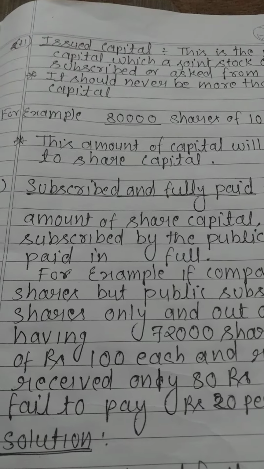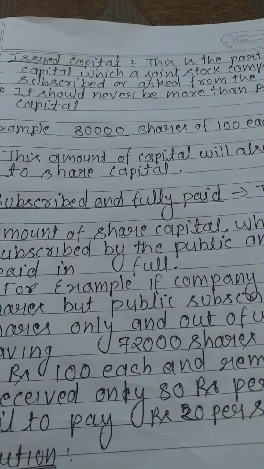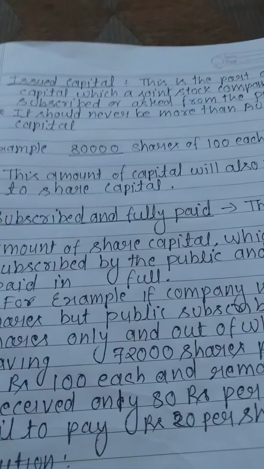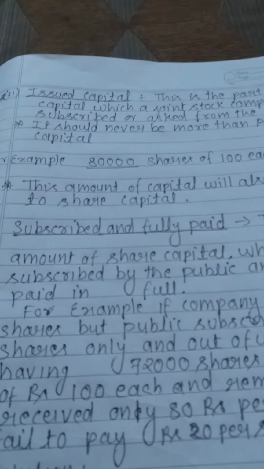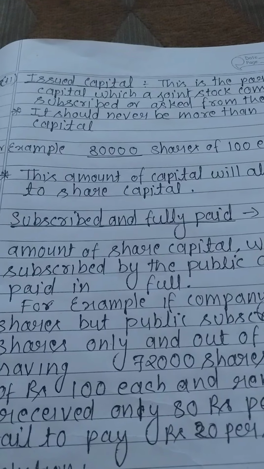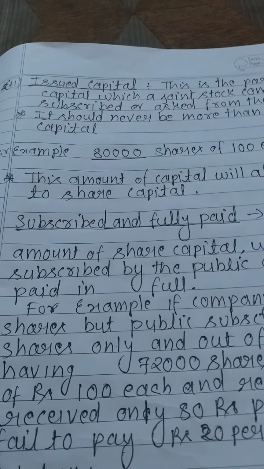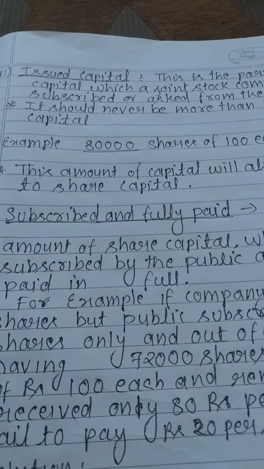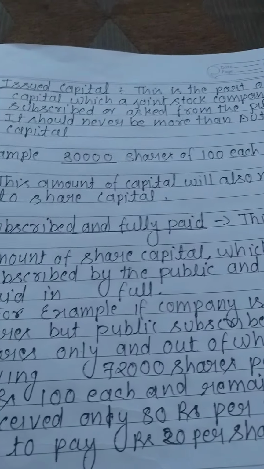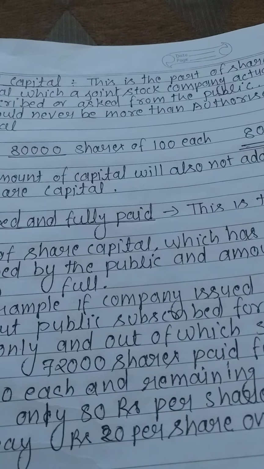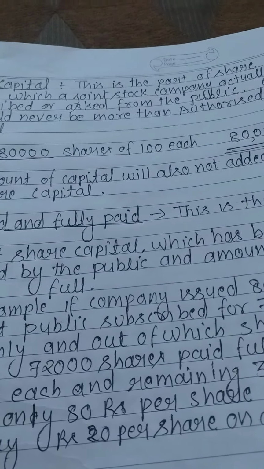Amount paid in full means here, suppose a company issued 80,000 shares, and out of which 75,000 shares provide us full payment.